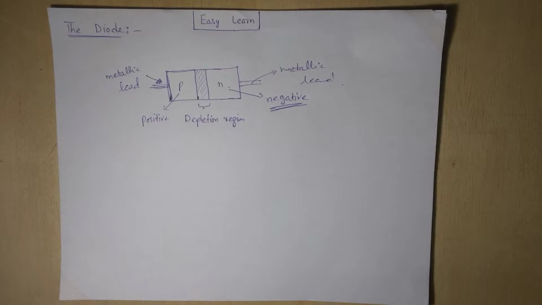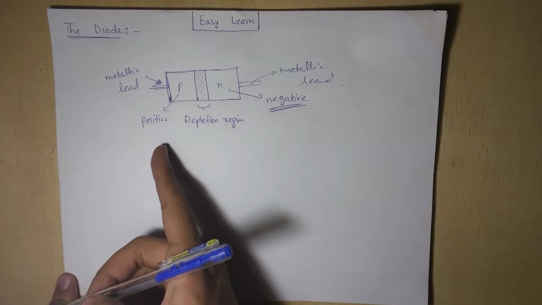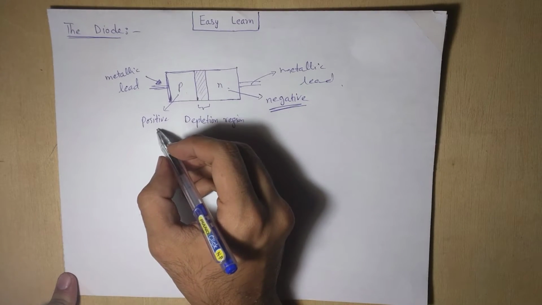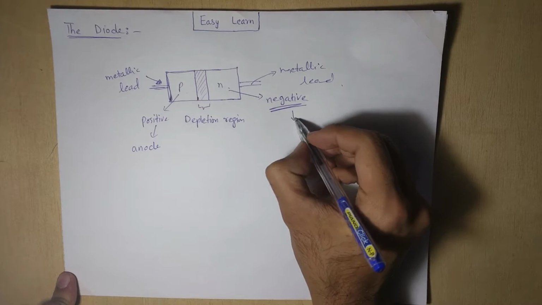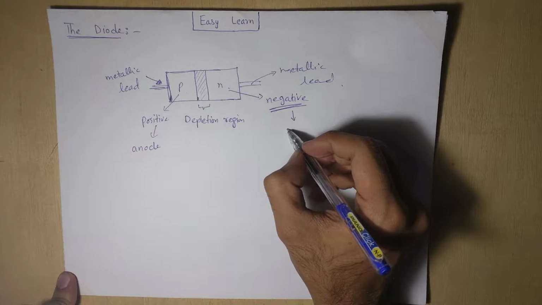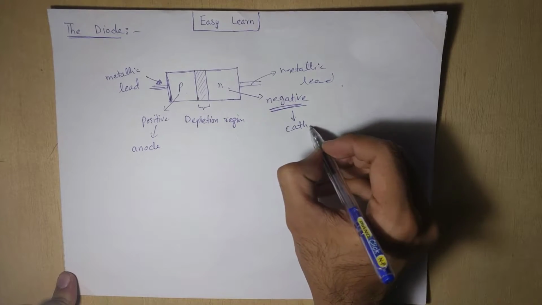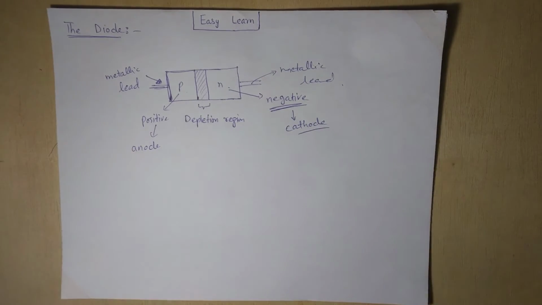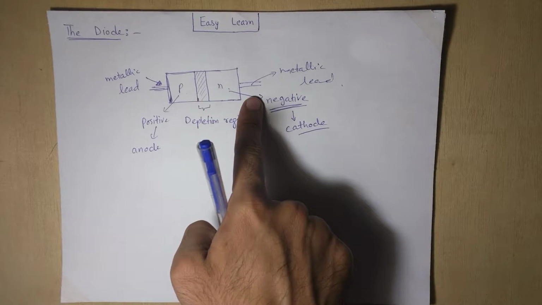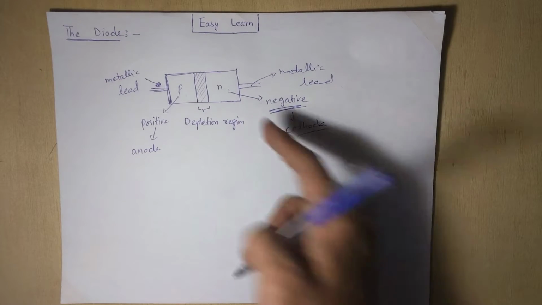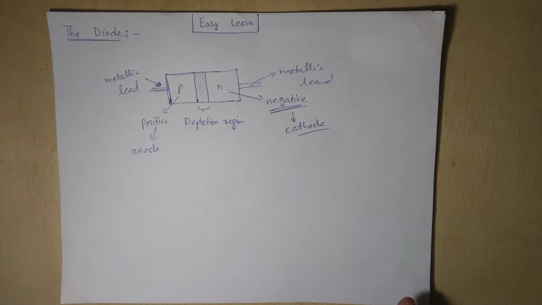Next, as you know, we call the positive side the anode, and the negative side the cathode. This lead is the anode, and this metallic lead is the cathode. So the N region is the cathode, the P region is the anode, and the configuration is like that.